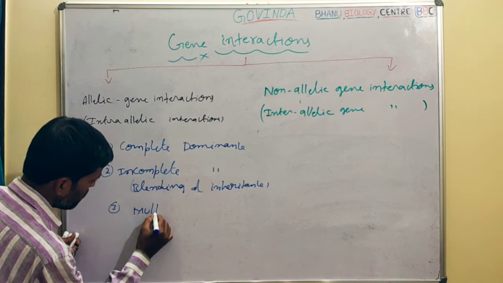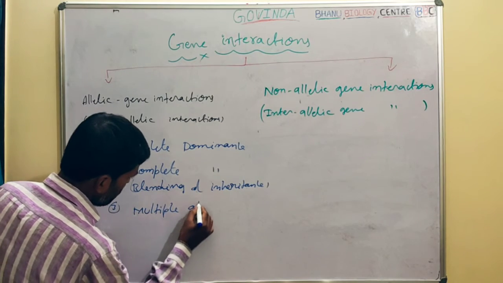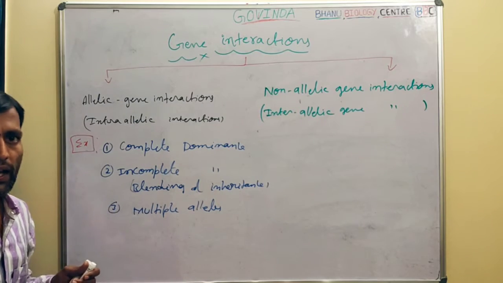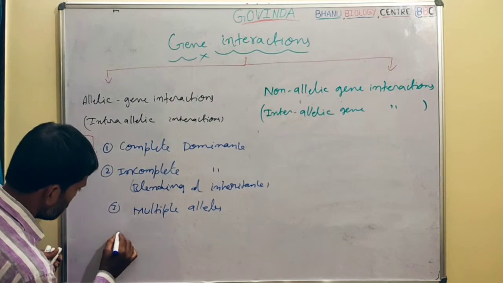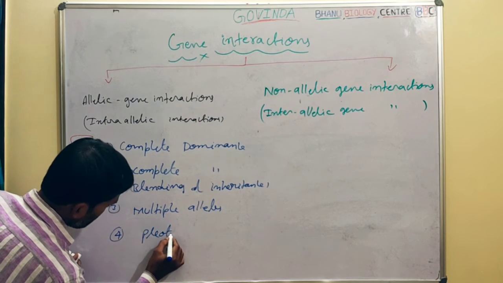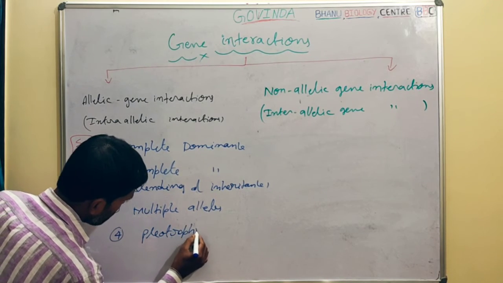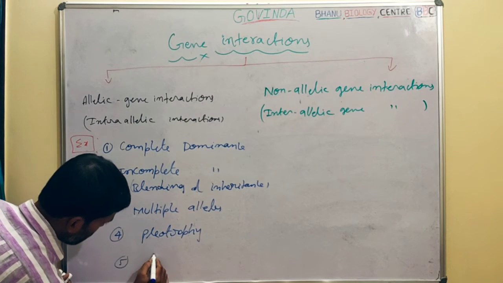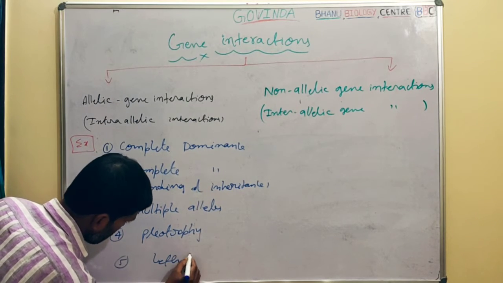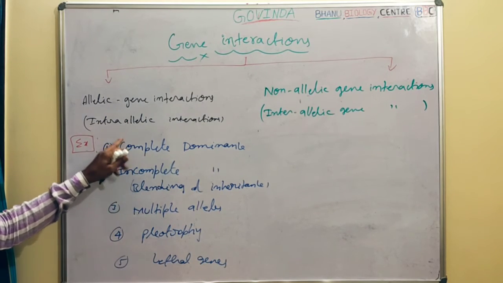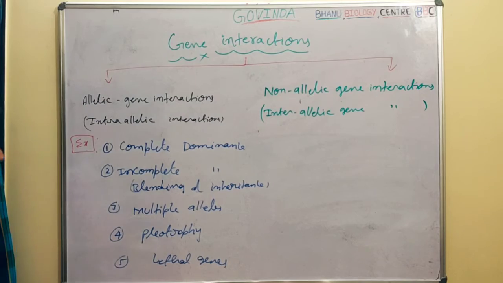Then multiple alleles or multiple allelism. The fourth one is pleiotropy. One more can be added here, lethal genes. These five are the examples for allelic gene interaction.